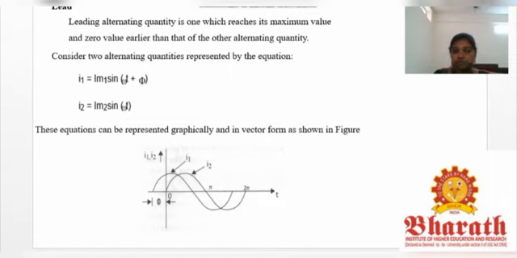The current I1 starts to flow from this point, before the phi angle, and completes one full cycle. So a leading phase angle is represented with the positive sign, and a lagging phase angle with the negative sign.